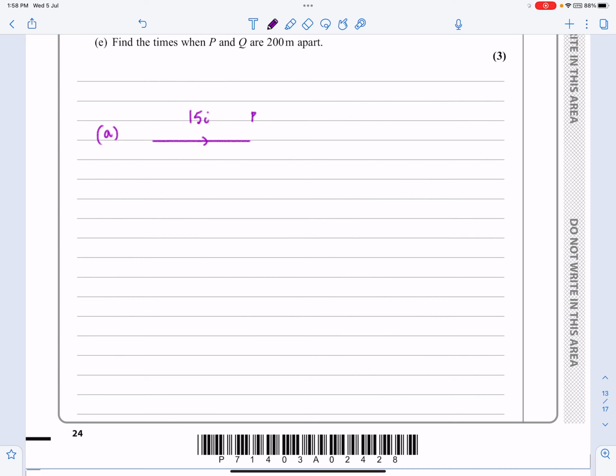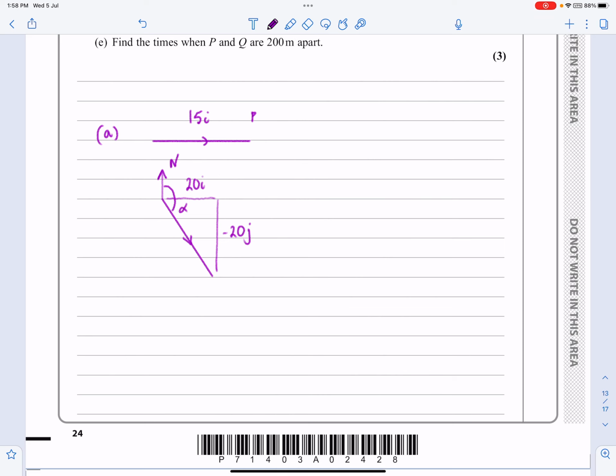But Q is travelling, trying to draw it relatively accurately, so that this is 20i minus 20j here, and I can actually see that that's 45 degrees, but let's do the work for it. They actually want the bearing, so if I draw the north line in here, that's the answer that I want. But first of all I'm just going to work out the acute angle there.